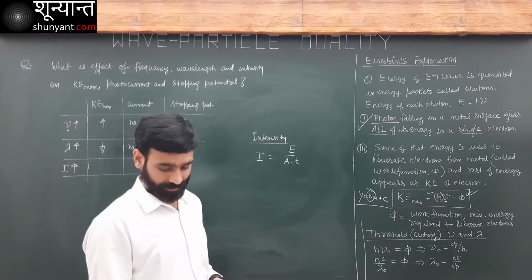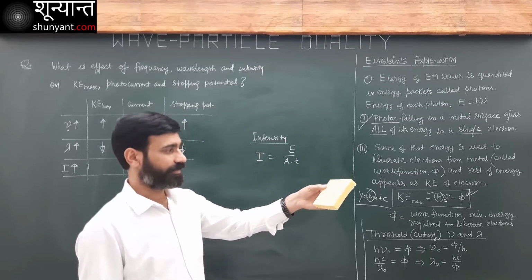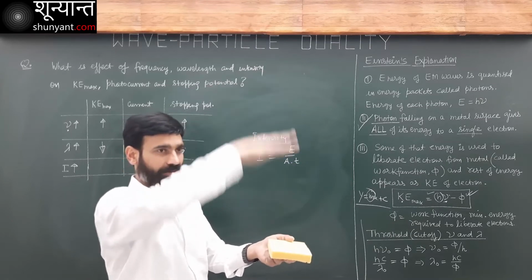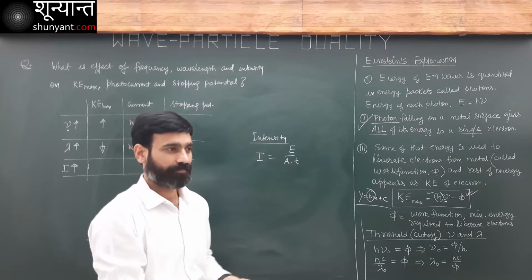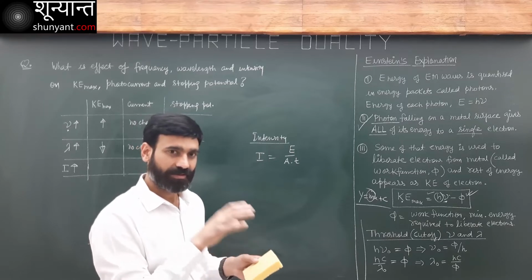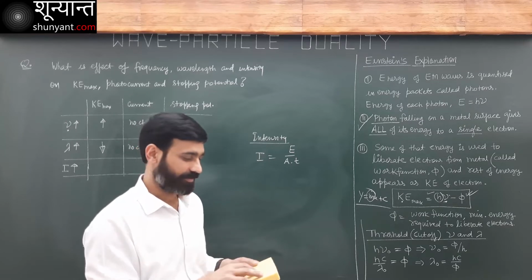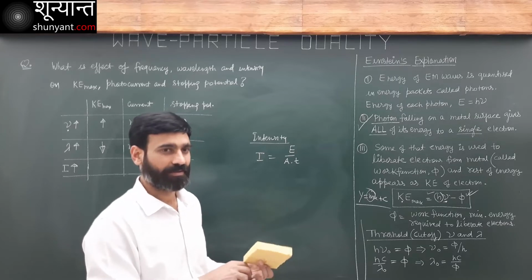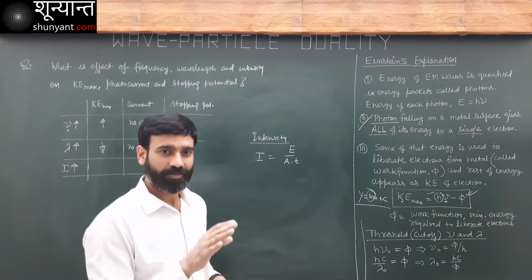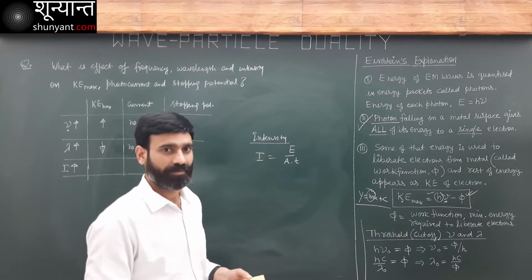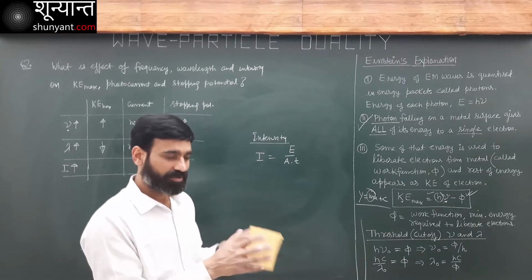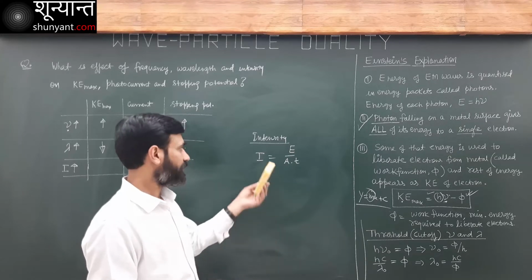That means I have a surface kept in the path of this light beam which is incident here. It is carrying some energy. On this surface, some energy is incident every second. It has a certain cross-section area. Through this cross-section area, per unit area per second, whatever energy is incident, that is known as intensity. So I am observing this surface, measuring per second how much energy is incident. From that I calculate intensity.